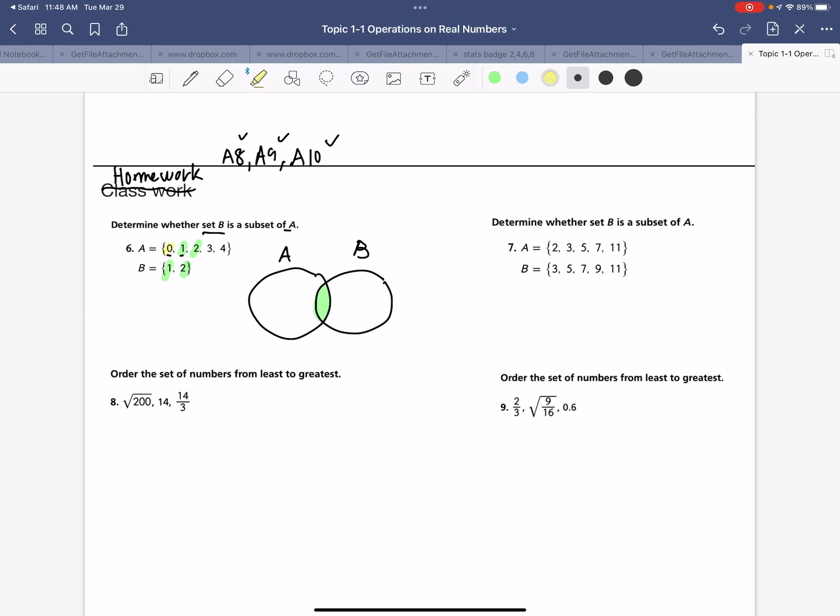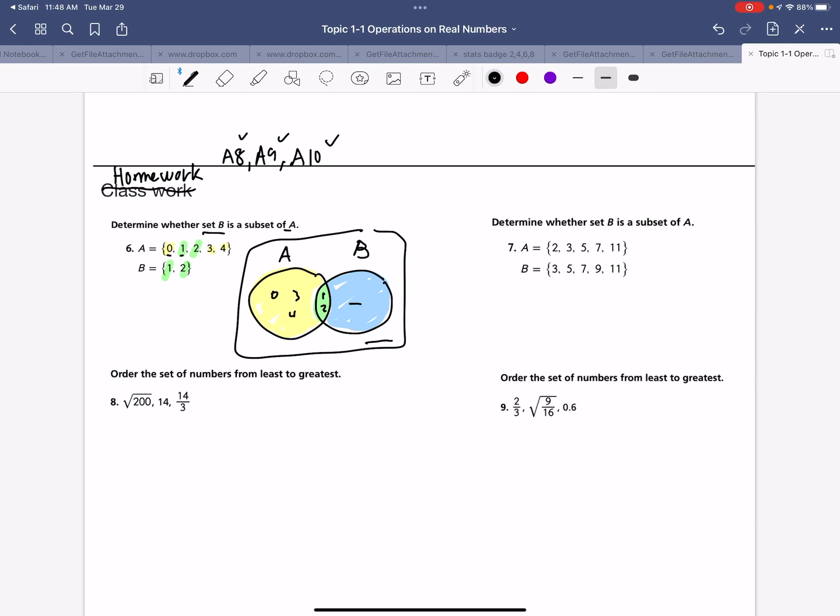So 1 and 2 are in both, and 0, 3, and 4 are in A but not B. There are no numbers that are just B, and no numbers that are neither A nor B. So how does this help us answer the question?